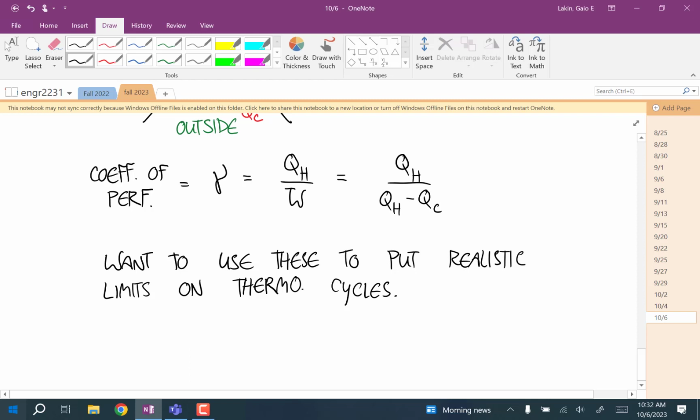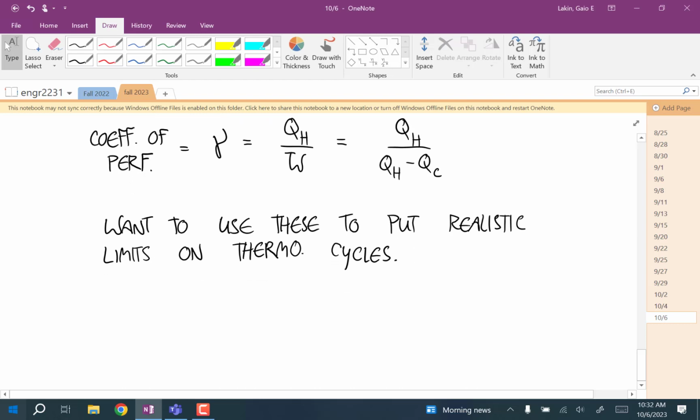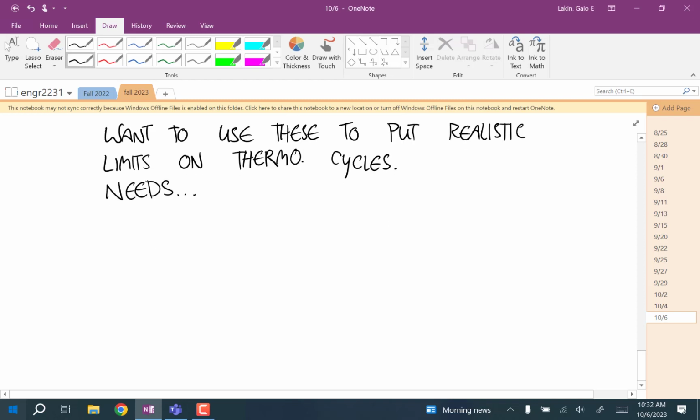In order to do this, the first thing we have to talk about is reversibility and what we're going to call irreversibilities.